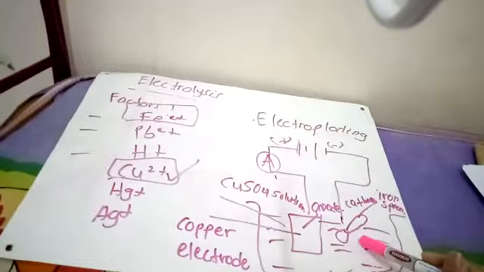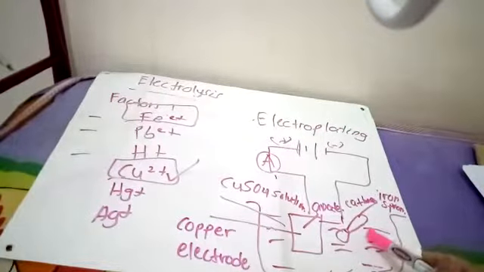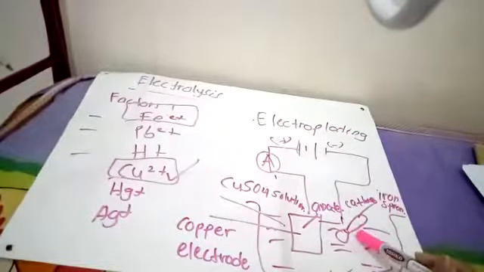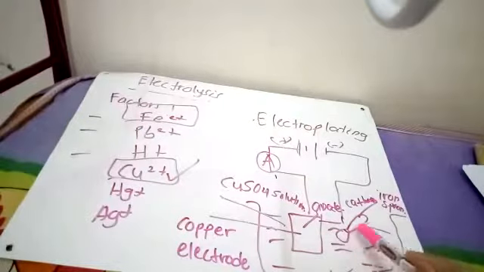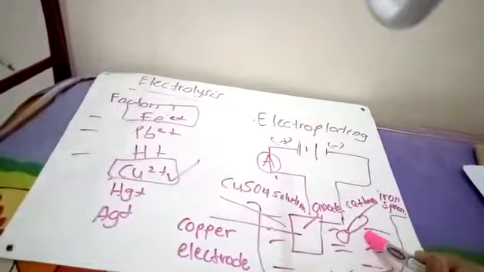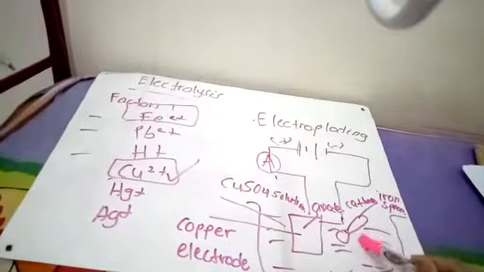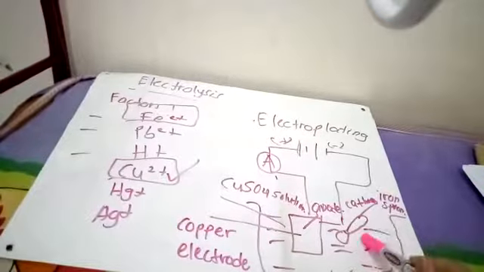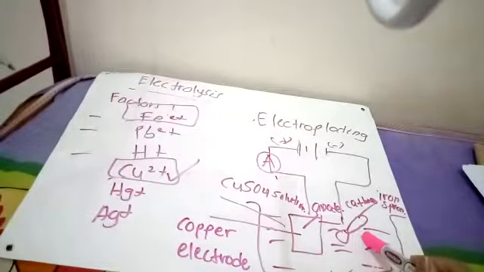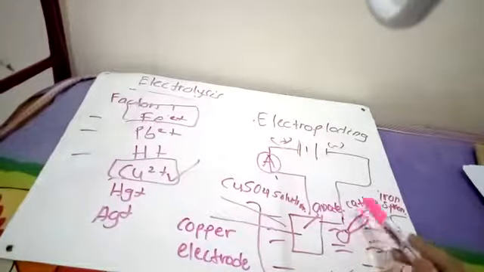At the cathode, the Cu2+ accepts the electrons and will stick on the iron spoon. So that's why at the end of the experiment we can see the iron spoon has a copper layer on it.